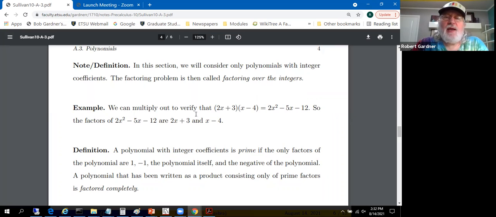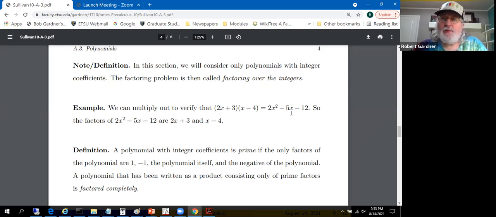We can multiply out 2x plus 3 and x minus 4 to verify that what we get, foiling it, let's believe what's stated here, we'll get 2x squared minus 5x minus 12. So the factors of 2x squared minus 5x minus 12 are these two things, 2x plus 3 and x minus 4. But at this stage, we're good at multiplying out to get other stuff.